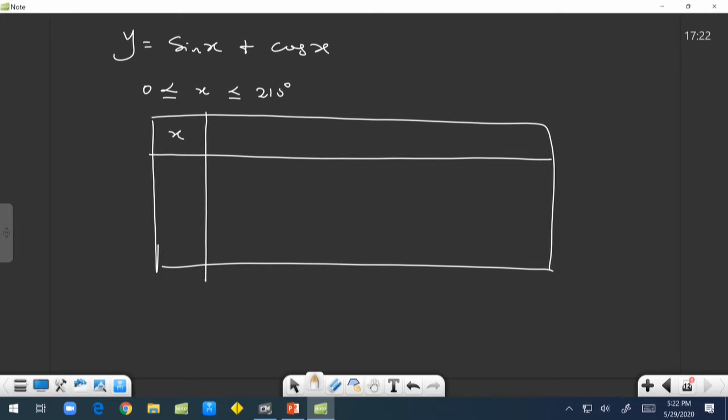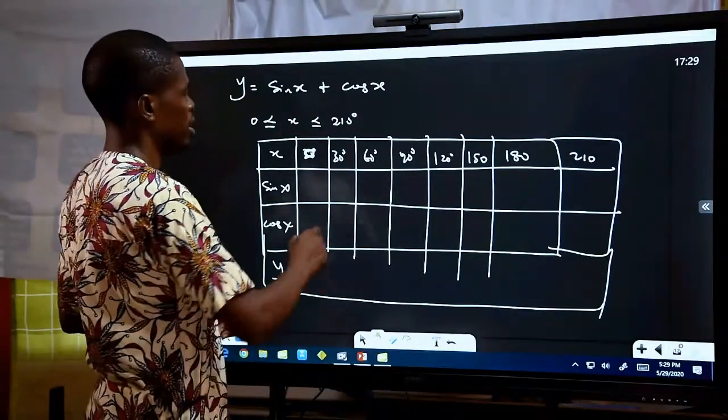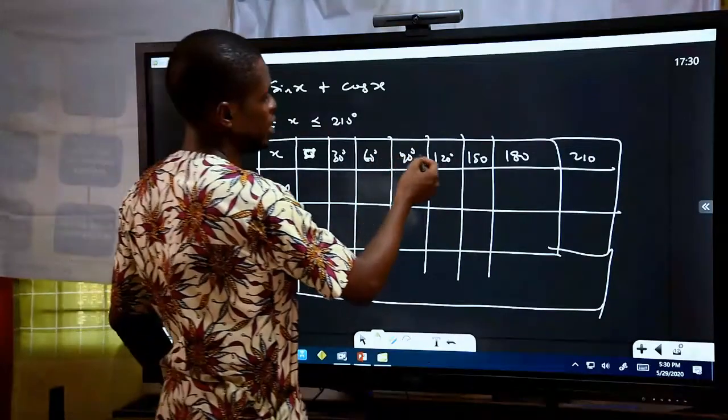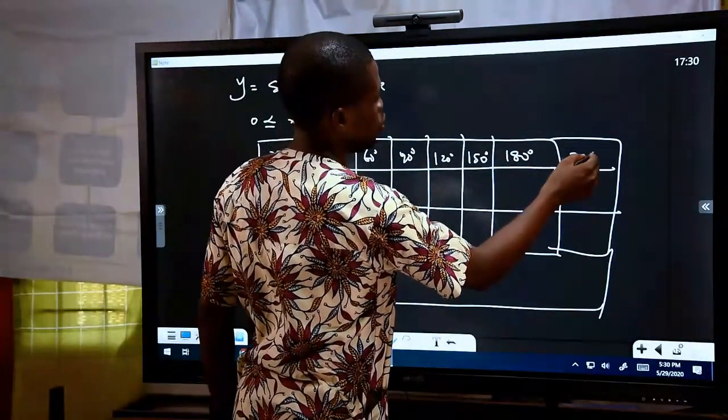We have x, using an interval of 30. We have 0, 30 degrees, 60, 90. The values of x from 0 to 210: 0, 30, 60, 90, 120, 150, 180 degrees, and 210.